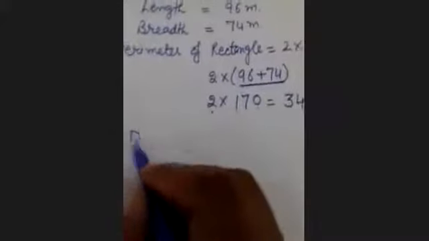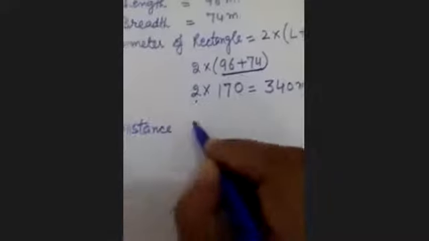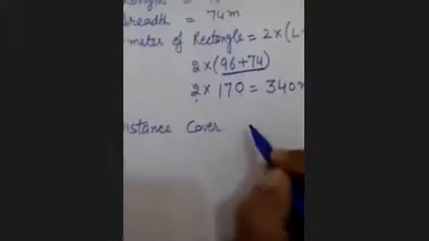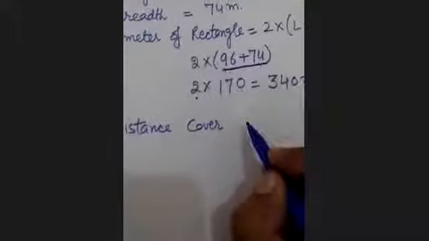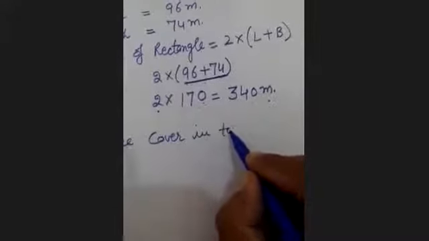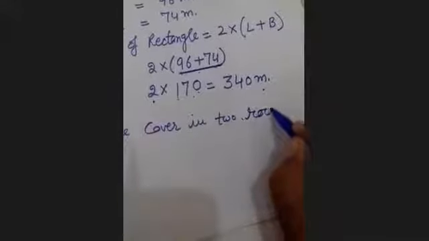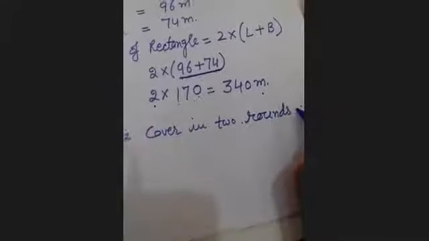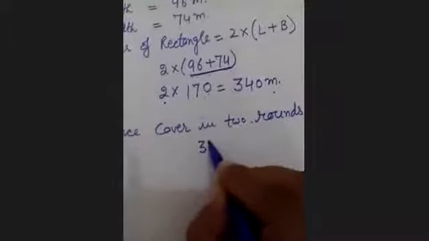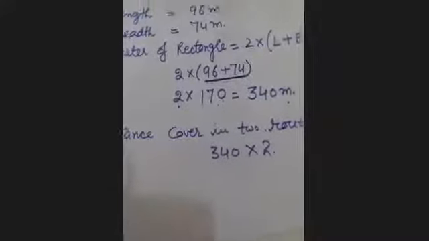Distance covered in 2 rounds, that is 340 multiplied by 2.